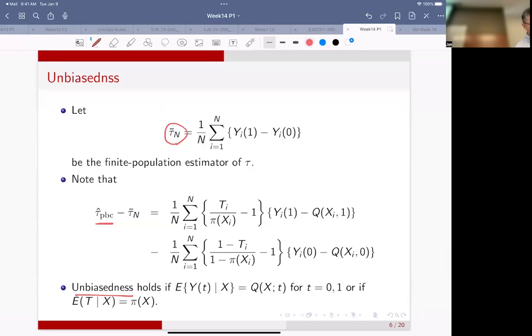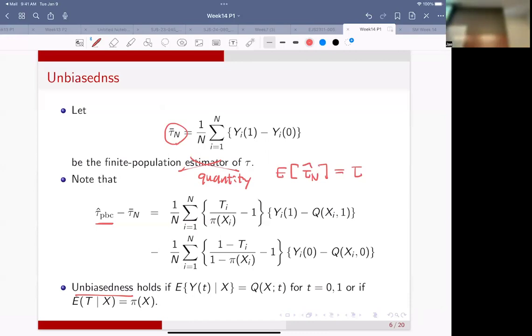Maybe it is a finite population quantity that happens to be unbiased for tau, regardless of the model.